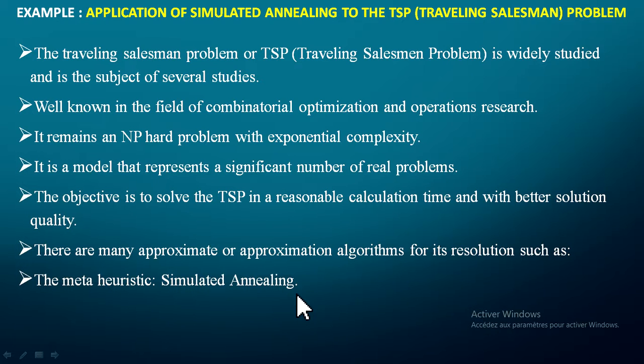For any developer or computer scientist, when programming an algorithm, he must give importance to two things: the calculation time, or the complexity of the algorithm, and the quality of the solution.